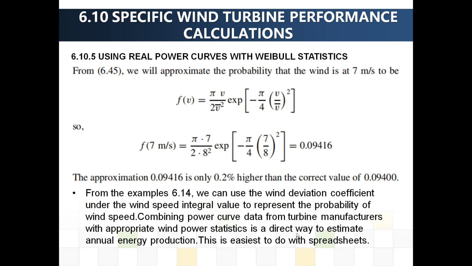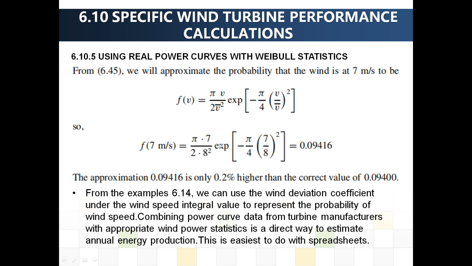From equation 6.45, approximate the probability that the wind is at 7 meters per second using the probability density function. f(V) is equal to pi multiplied by V divided by 2 times the average wind speed squared, times e to the minus pi divided by 4 times V divided by average V squared.